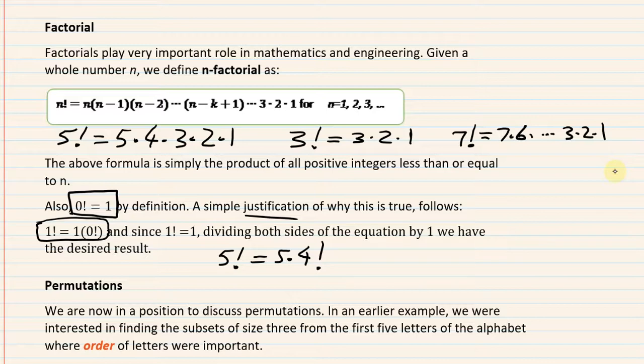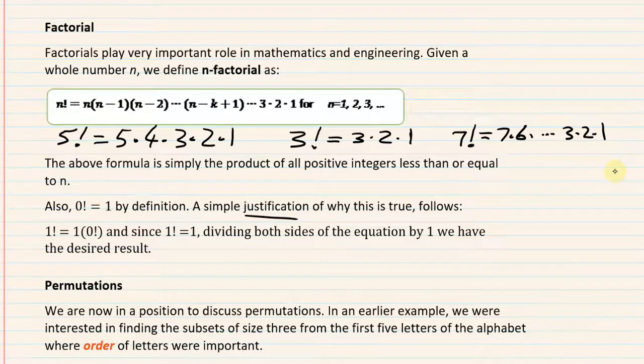Because that 4 factorial part is 4, 3, 2, 1. So rather than going all the way to 1, we stop at 4 factorial. If we do that, then because 1 factorial is 1, and 1 factorial is 1 times 0 factorial, this suggests that 0 factorial must be 1.